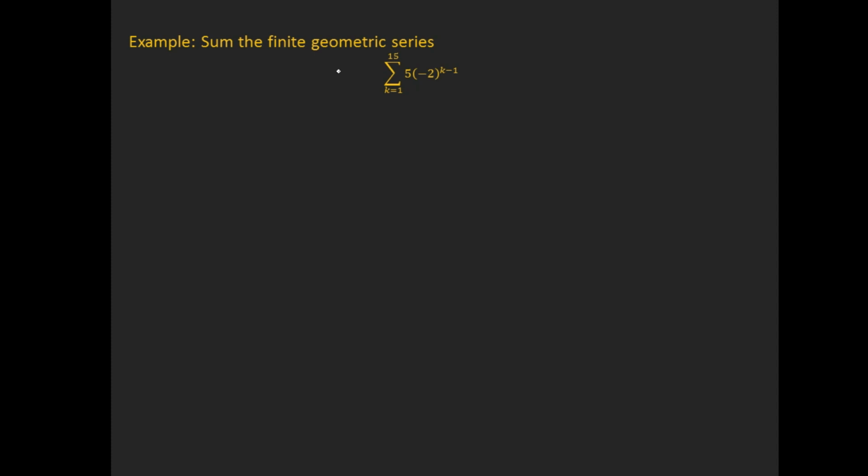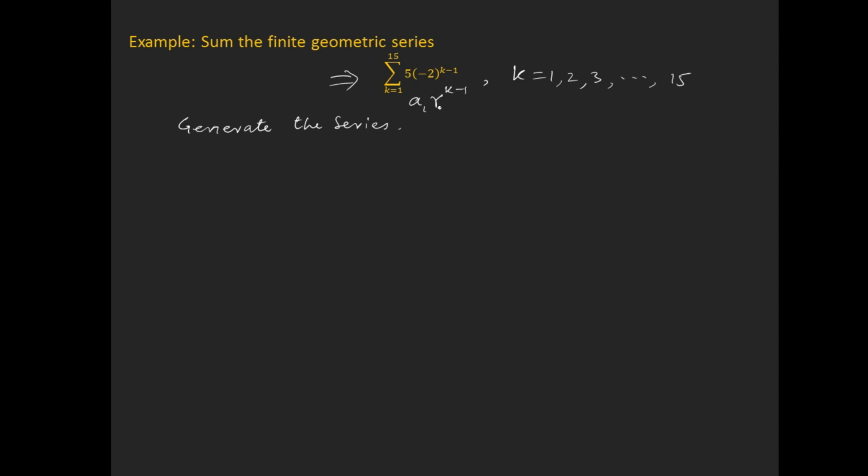Now we are taking another series in sigma notation, and k is starting from 1, then 2, then 3, and so on up to 15. So first we will generate the series. This is a geometric series, and as you know, the nth term is like this: first term multiplied by r power n minus 1, here r power k minus 1.